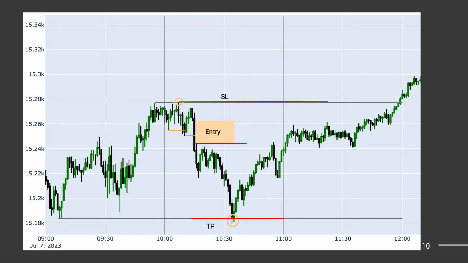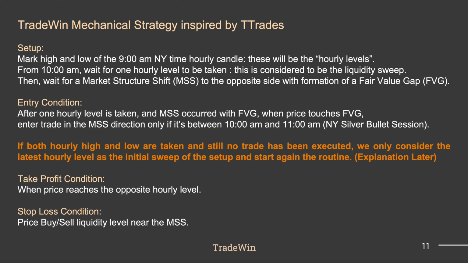The plan says, fine, when we reach the opposite hourly level without entering any trade, then we cancel the previous trade and start the routine again, considering only this low. And that's what the crazy sentence here in my trading plan was about.